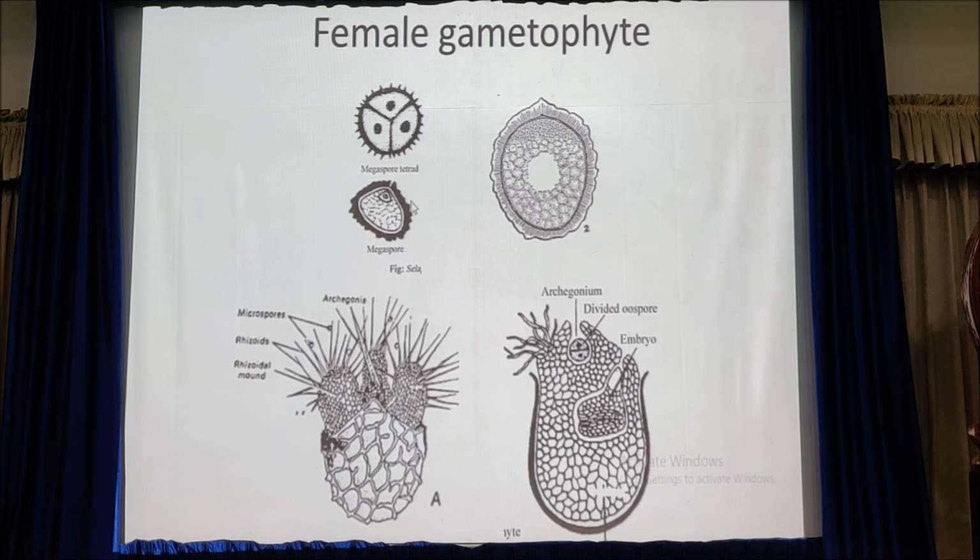Megaspore germination and development of the female gametophyte also take place within the megasporangium itself up to a particular stage. The stage of liberation of the female gametophyte from the sporangium varies in different species. In some species, they are liberated after the formation of archegonia, and in some others after fertilization.